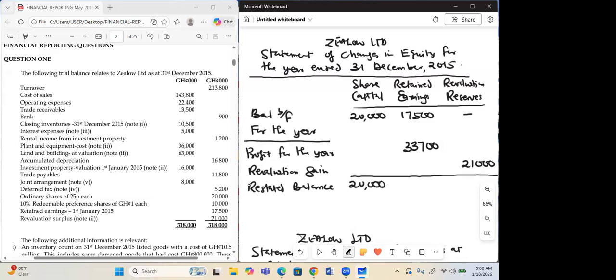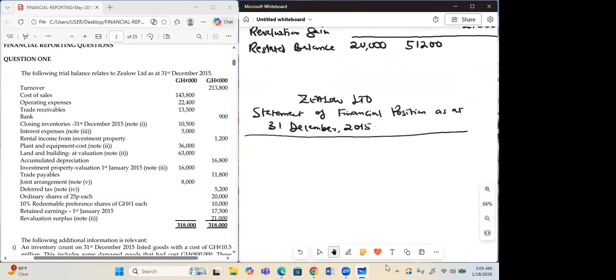What is the retained earnings giving you? 51,200. And then the 21,000 revaluation reserves. When you finish, then you pay the dividends.